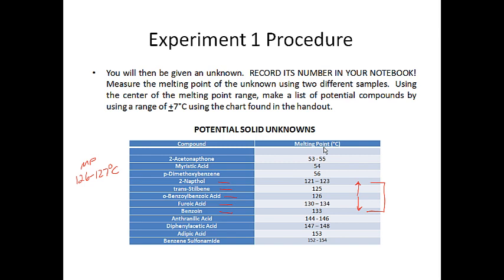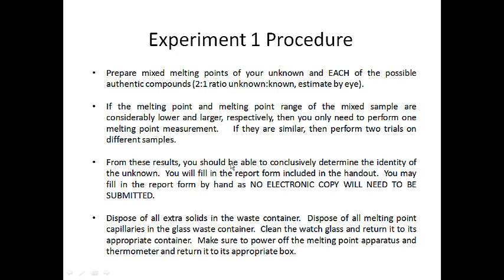So you just can't do one. If you do, you'll see a huge deduction in your lab report. So you've got to do all of the possibilities. Then from those results, you should be able to determine the identity of the unknown.